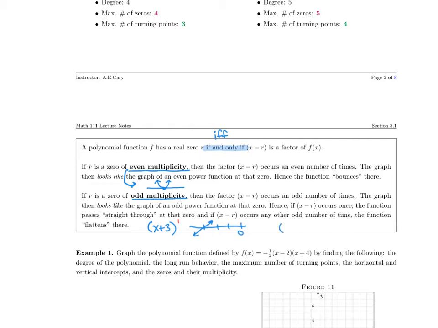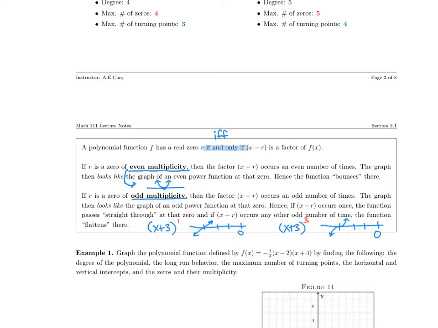Whereas if we had a multiplicity of, let's say, 3, and we're going to use that same factor, it might look something like this, where it looks a little bit more cubic. Some people call this the squiggle. I always learned it as the chair, but just know that it gets a little flatter around where the specific root is.